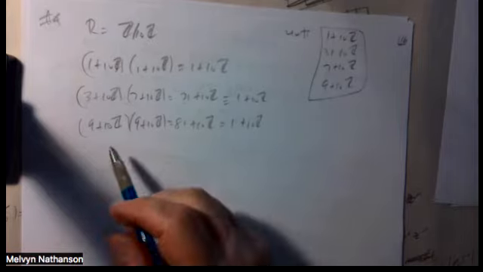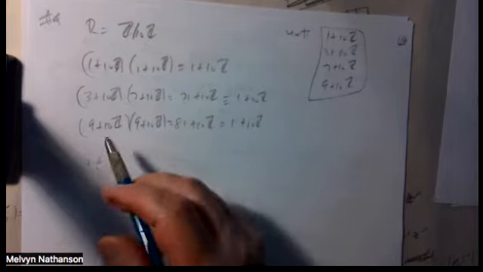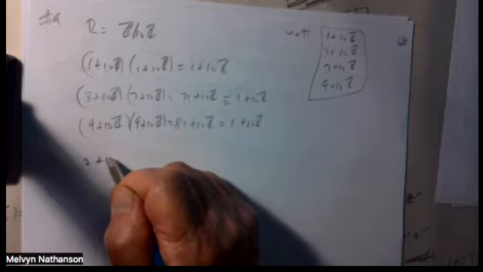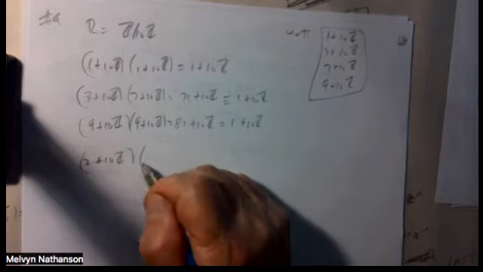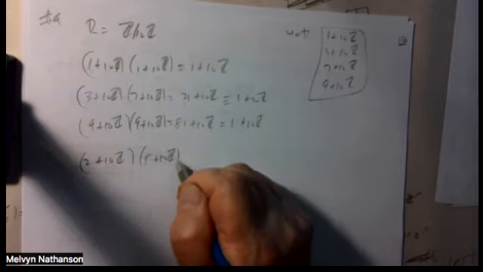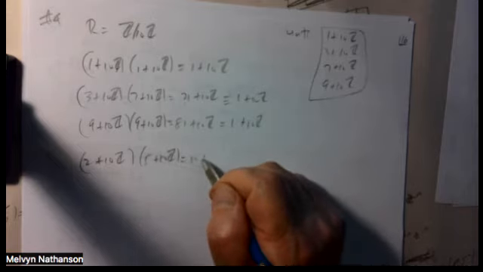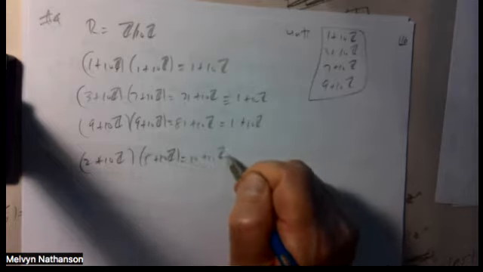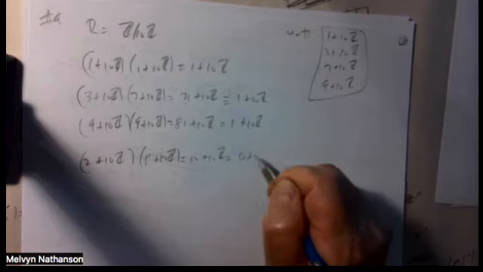So these certainly are units. What about 2 plus 10Z? If I multiply that by 5 plus 10Z, I get 10 plus 10Z, which is 0 plus 10Z.